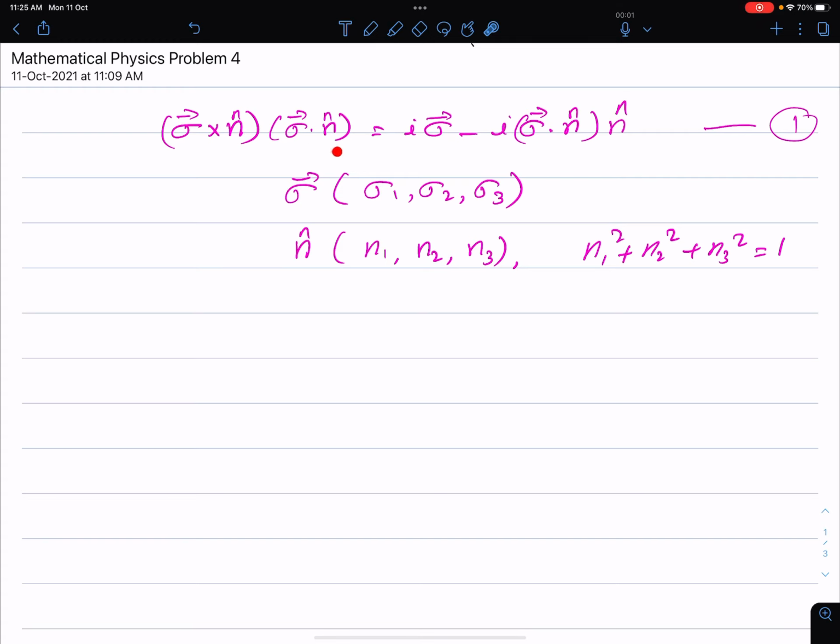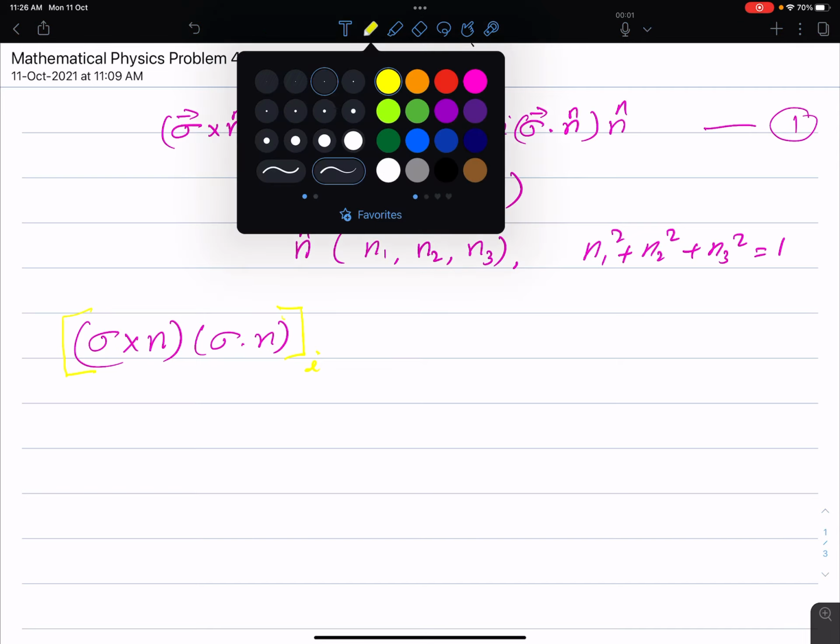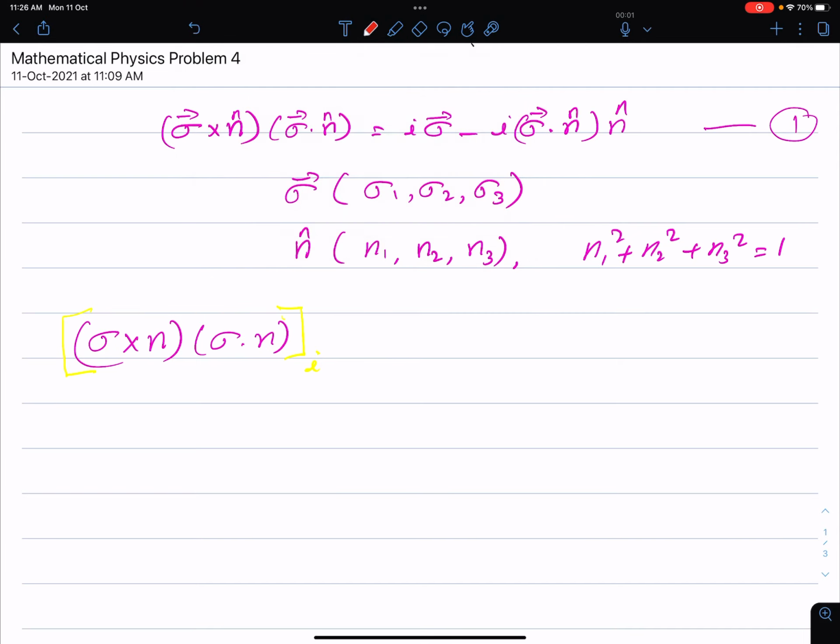So I am not using now the vector symbols. So I am writing the ith component of the vector sigma cross n into sigma dot n.